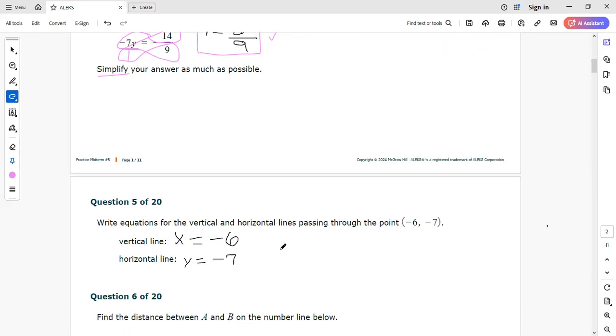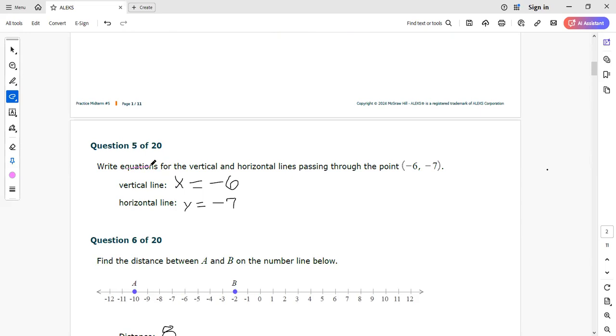For number 5, write the equations, so that means we got to have an equal sign for the vertical and horizontal lines. A vertical line is a line that runs up and down. Our horizontal line is a line that runs left to right. When we're looking at our coordinate plane, we have our x-axis and our y-axis.